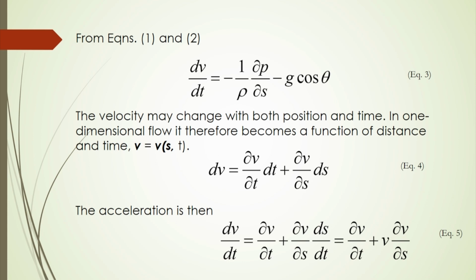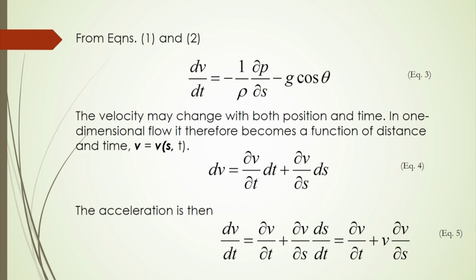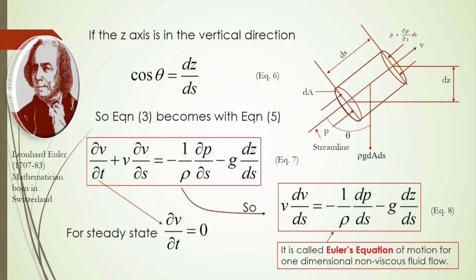Now, if we equate equation number 3 and 5, we will be able to calculate the velocity distribution. Before going to that, we have to calculate the value for dou V by dou S. To get this, from the geometry we can calculate cos theta in terms of ds and dz.